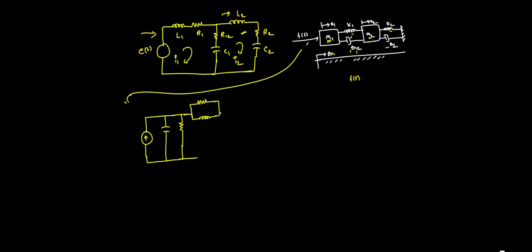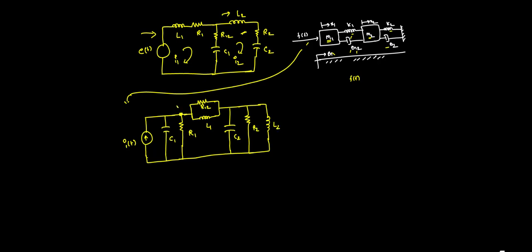It is also called duality. So right, this is C2, R2, L2. So this is I of t, C1, R1, R12, L1, C2, R2, L2.